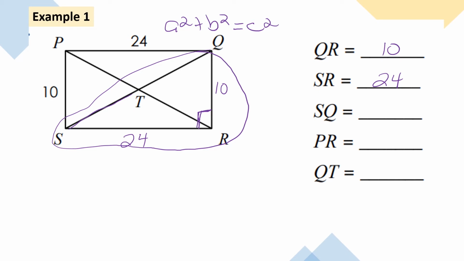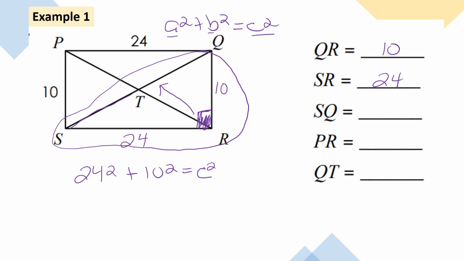SQ would be the hypotenuse of this triangle because it would be opposite the right angle. Okay, so A and B, of course, would be my legs. That would be 24 squared plus 10 squared is equal to c squared, or you could say SQ squared, because c would be my hypotenuse.